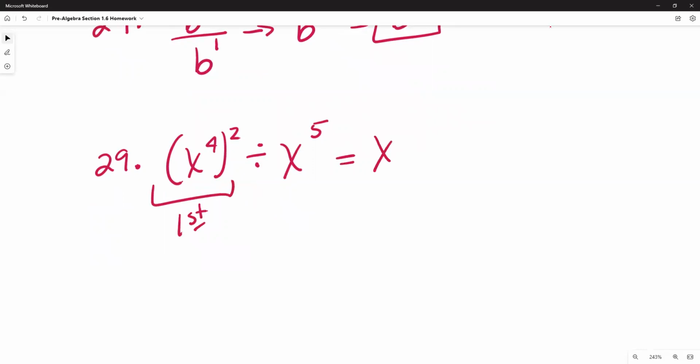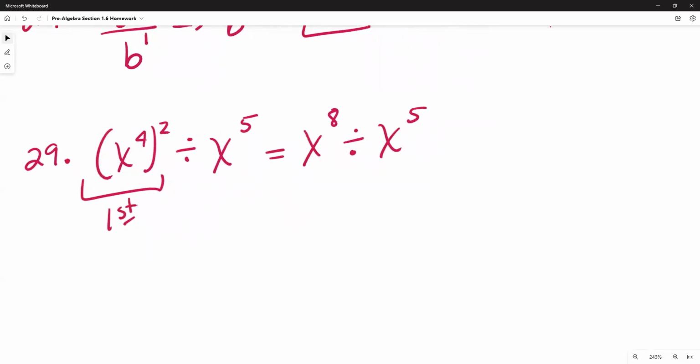And that gives us x to the 4 times 2, which is 8, divided by x to the power of 5. So you said it's 1. How do you know that? Yeah, so we're subtracting.